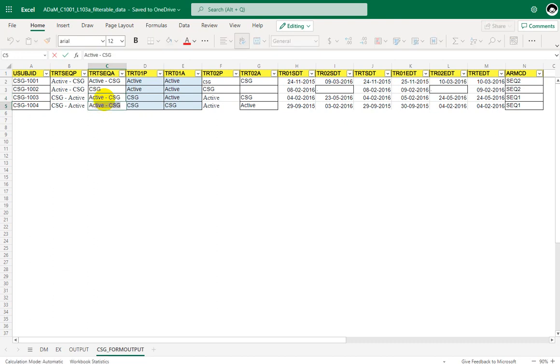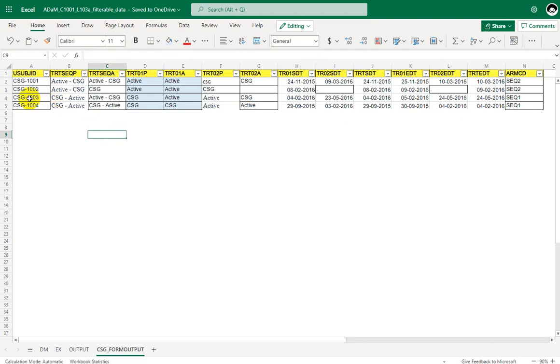And for the final subject, TRT01A has a value of CSG, so it will be CSG hyphen in between. TRT02A has a value of active, so this will become active. So this is how we can create TRT SEQA. So let us put this in all caps.